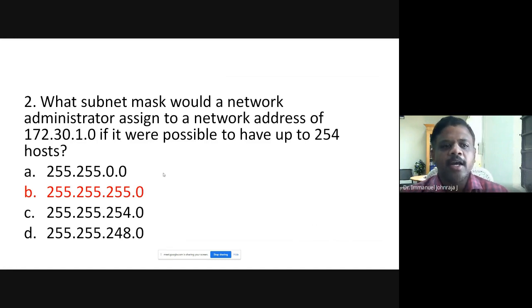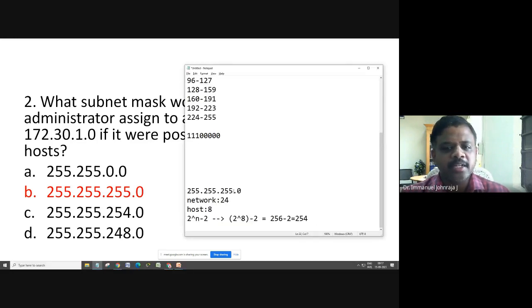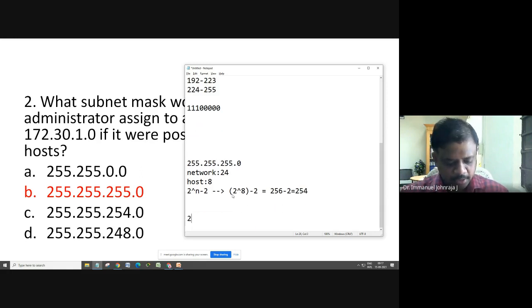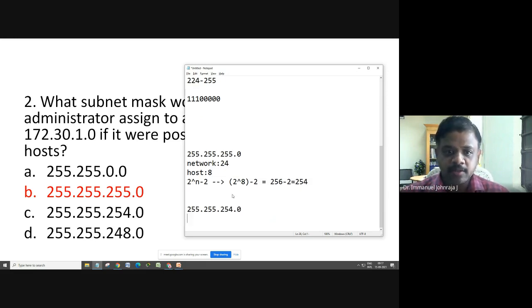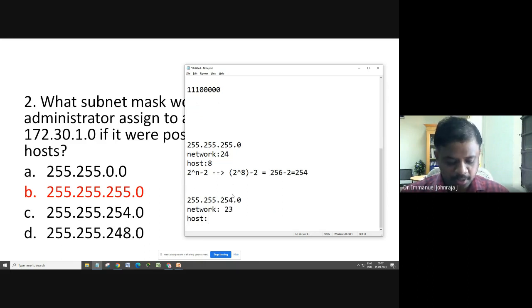You got it? Now, what will be the answer if I take 255.255.254.0, just for instance? If it is 254.0, it indicates in the network portion, you got only 23 bits. In the host portion, you have got 9 bits. Why? Because here 1 bit is borrowed and these 8 bits are already with the host.